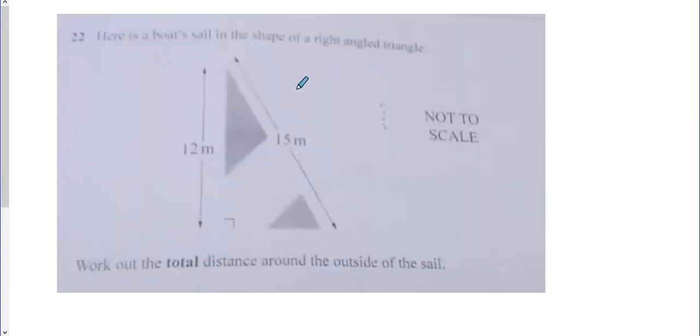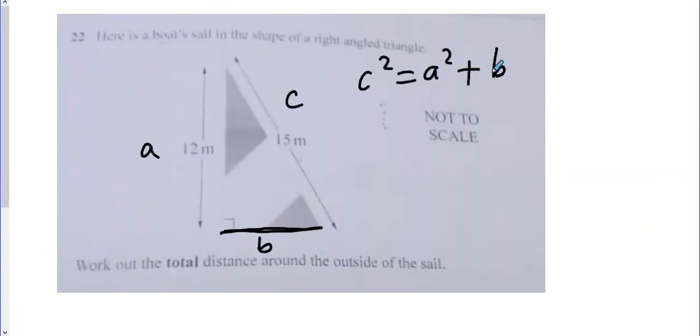Okay, so the photo is not clear. So I will try to understand the question the way I can see it. So what we are supposed to do is to find the value of the missing side. And since this is a right-angled triangle, I'm going to label this one as A, this one as B, and this one as C. So I'm going to recall Pythagoras' Theorem, which says that C squared equals A squared plus B squared.